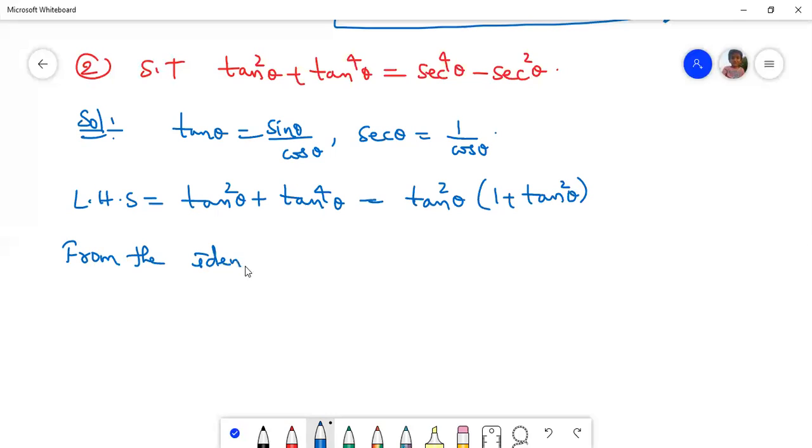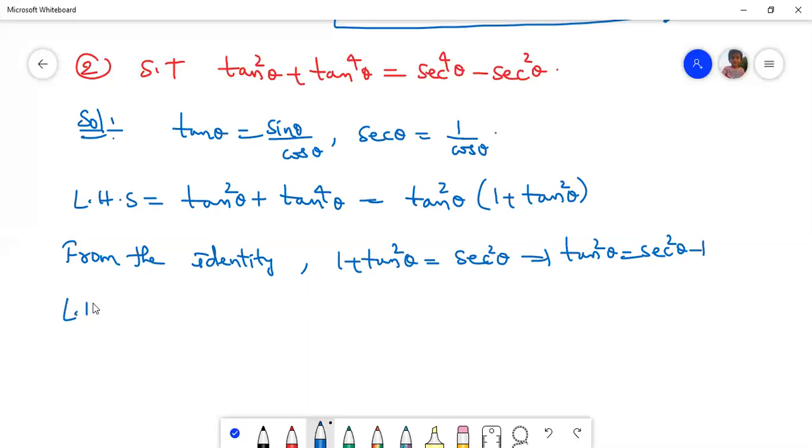From the identity, 1 plus tan square theta equal to secant square theta. From this, tan square theta equal to secant square theta minus 1. In the place of 1 plus tan square theta, we can write secant square theta. In the place of tan square theta, we can write secant square theta minus 1.